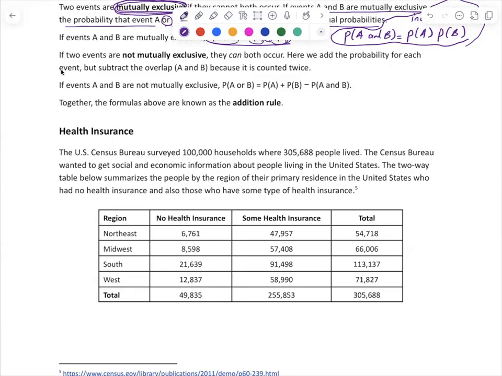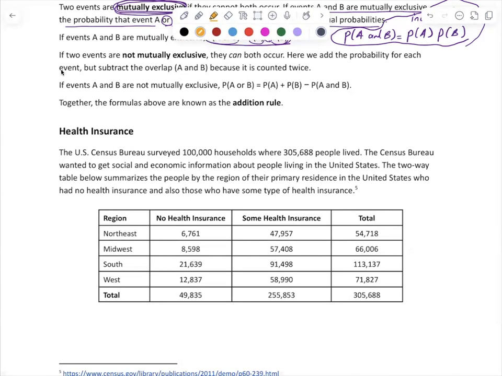The two-way table below summarizes the people by the region of their primary residence in the United States who had no health insurance, and also those who have some type of health insurance. So take a look at the information. Let's just check the data, see what categories we are looking at.